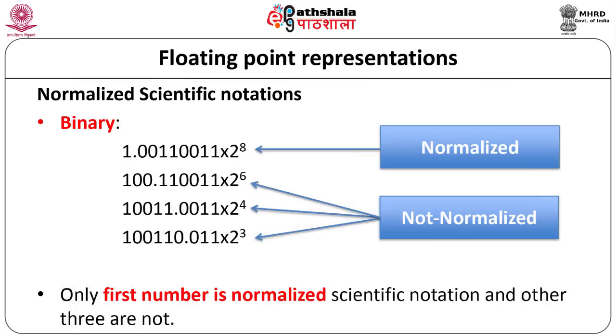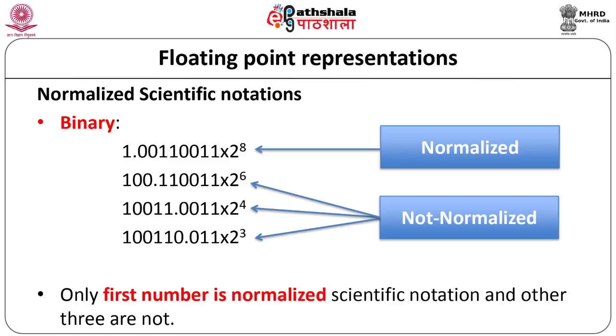Similarly, in binary, one can write the numbers in scientific notation as 1.00110011 times 2 raised to 8, 100.110011 times 2 raised to 6, 10011.0011 times 2 raised to 4, or 100110.011 times 2 raised to 3.